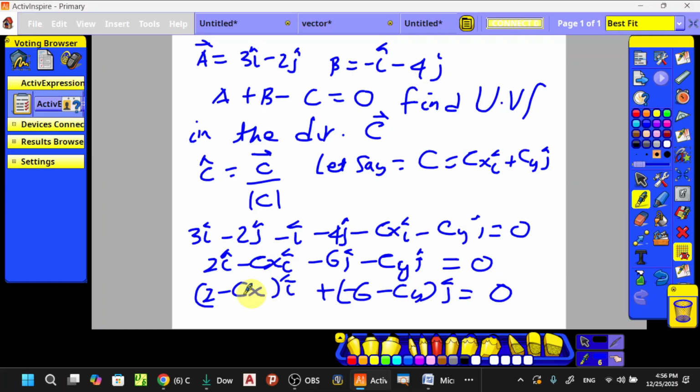So for this vector to be 0, those two components need to be 0, otherwise it will not be. So what does that mean? 2 minus cx is equal to 0, so cx is equal to 2, and minus 6 is equal to cy.